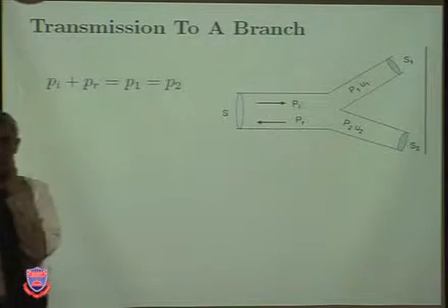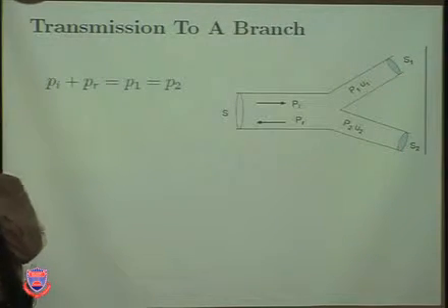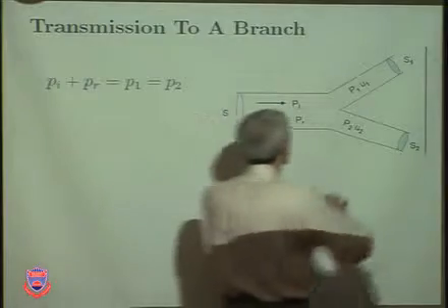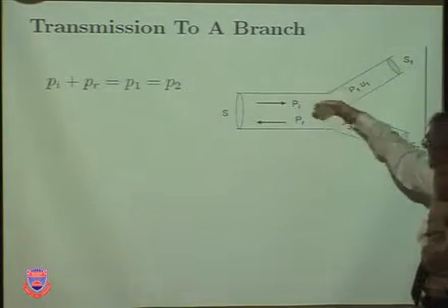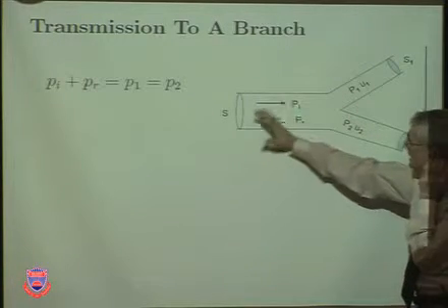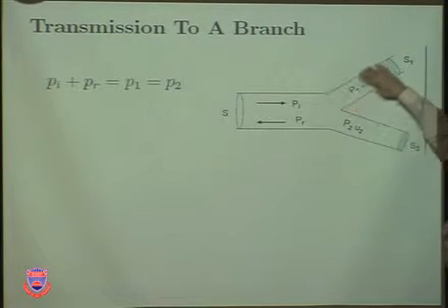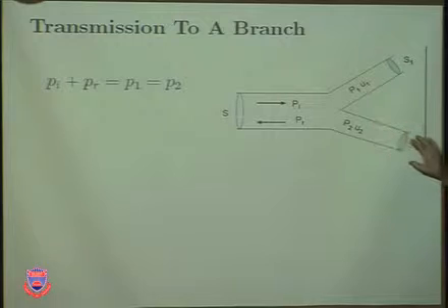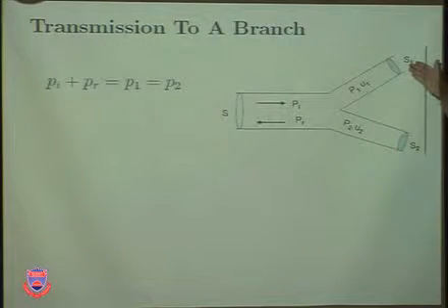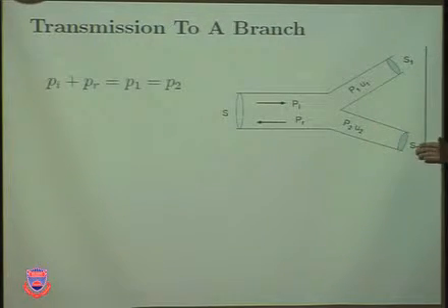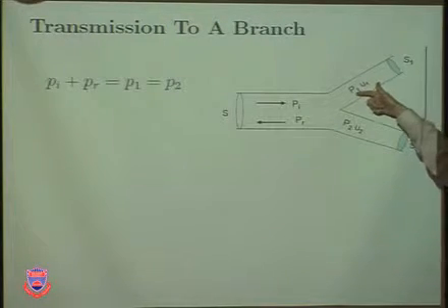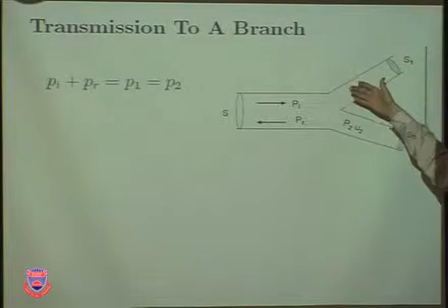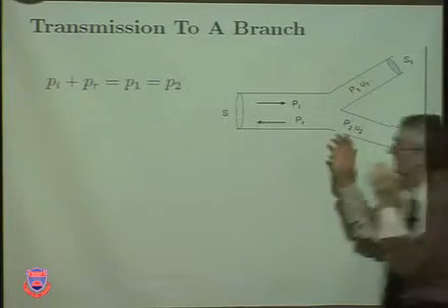Here is where the sound comes from, and the impedance changes, and some is reflected back. So we call this branch 1, and this is branch 2. Cross-sectional areas S1, S2, the particle velocity, sound pressure, P1, U1, P2, U2, and so on.